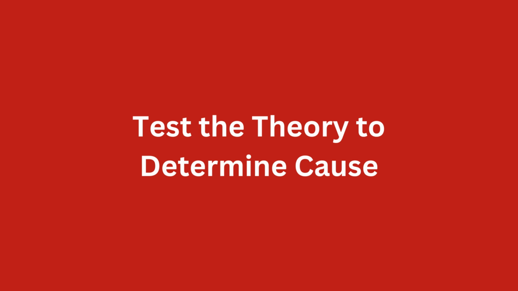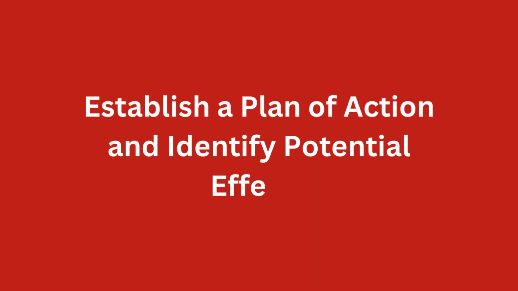Establish a plan of action and identify potential effects. By this point, you should have some idea as to what the problem might be. It's time to look before you leap. An action plan defines how you are going to fix this problem. Most problems are simple, but if the problem is complex, you need to write down the steps.